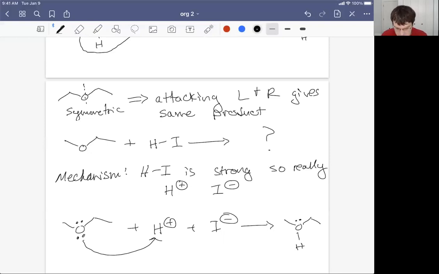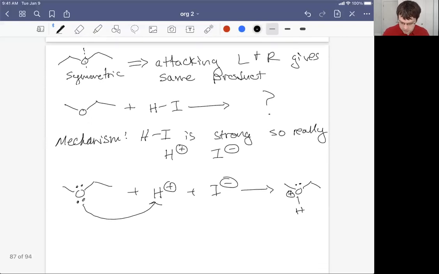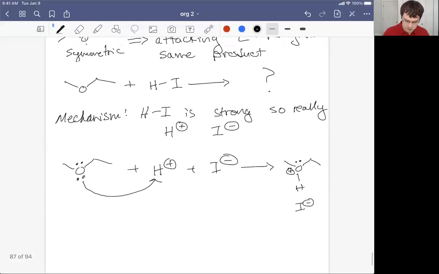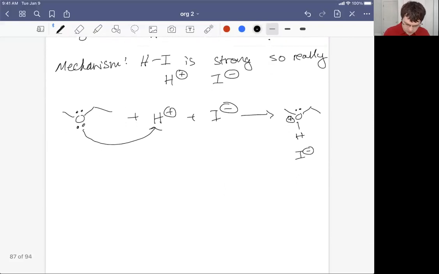To do that, we're going to neutralize the positive charge on the hydrogen by letting the oxygen lone pairs add to that hydrogen atom. It's going to give us a positive charge on the oxygen. And then the iodine is going to have a choice. It can add either to the left side or the right side. I'm just going to scroll down and redraw this. You may not need to. So if I have my protonated ether, because we've accepted a hydrogen atom, then the iodide could add to one of 2 sides.